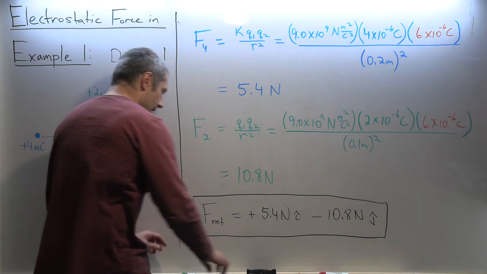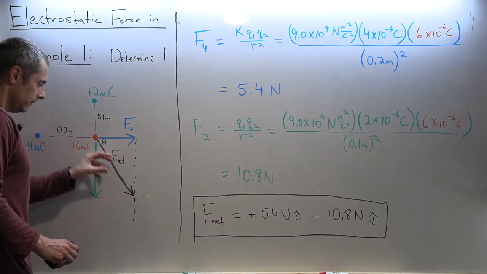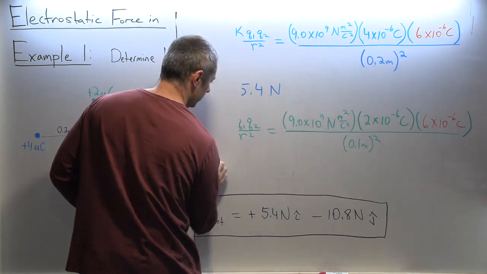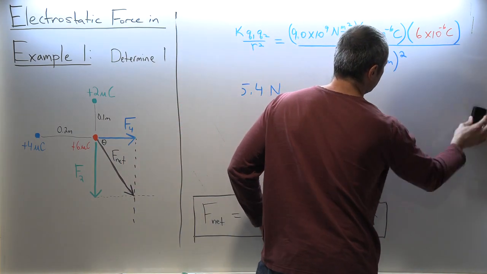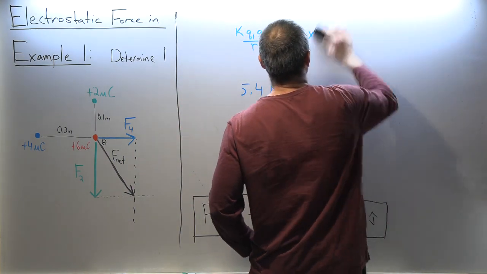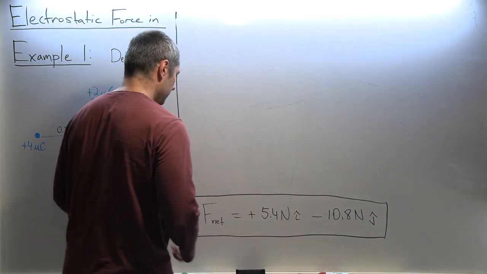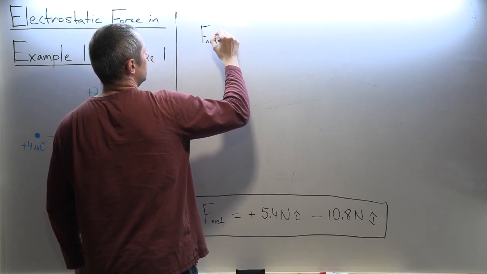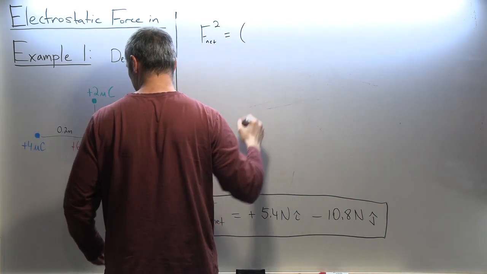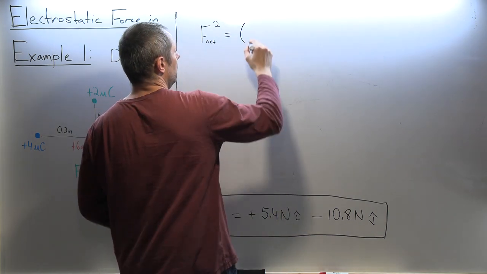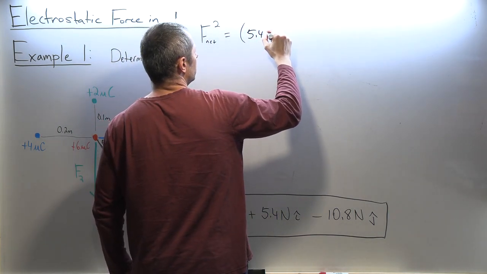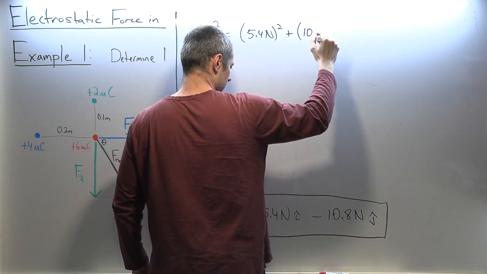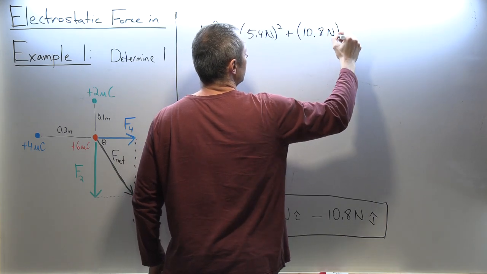So again, I'm now going to find this hypotenuse and angle just using some basic trig rules, obviously the Pythagorean theorem. To speed it along, I'm not going to write the equation out. I'm just going to say F net squared equals the, well, both the legs, the 5.4 in the x direction plus the 10.8 newtons in the y direction.